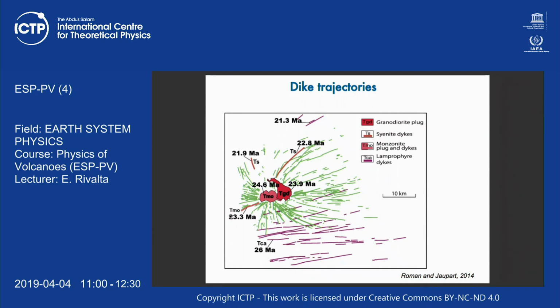And then they explain this only with the load of the big edifice. So you have a big edifice that is pushing and also reorients all the stresses. Sigma 1, the push, will put sigma 1 also radial, but in a way that is more gentle, because you have the gentle slope of the volcano.